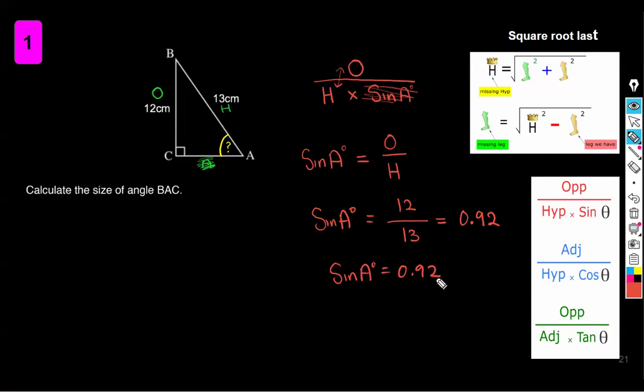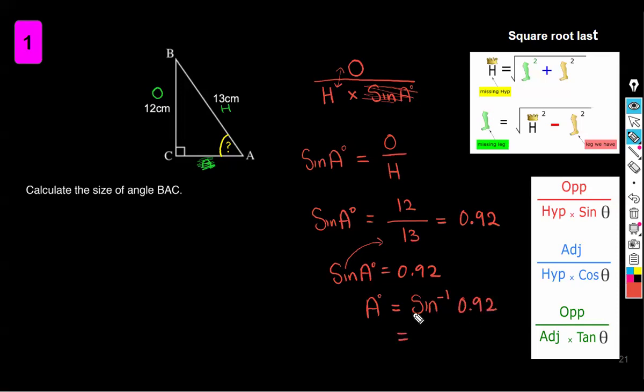Now, last time I checked, we're trying to solve for what? A. So you throw across the sine, and remember in maths, when you throw something across, we always get the opposite. So when you throw across that sine, because you want angle A alone on one side by itself, you're going to get sine inverse 0.92.